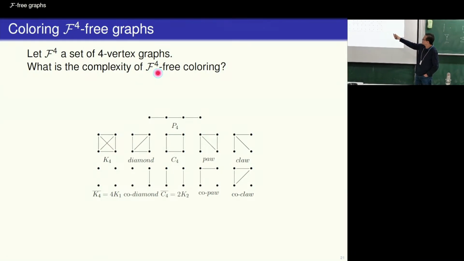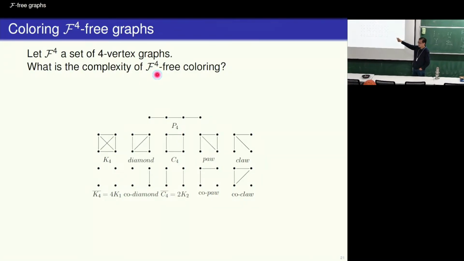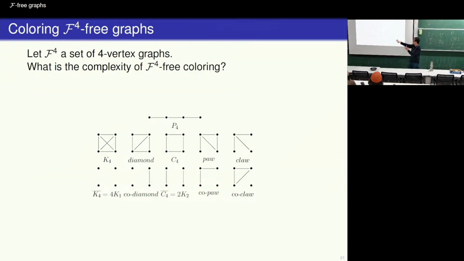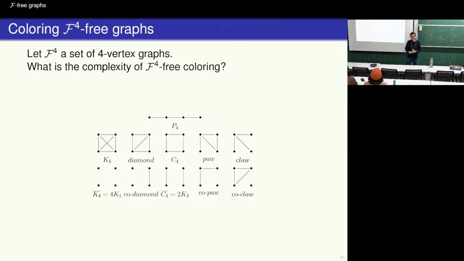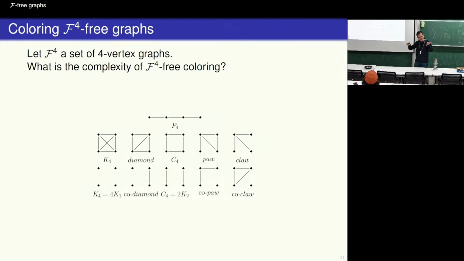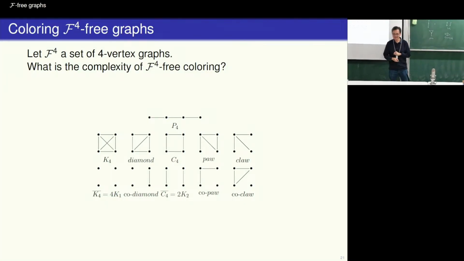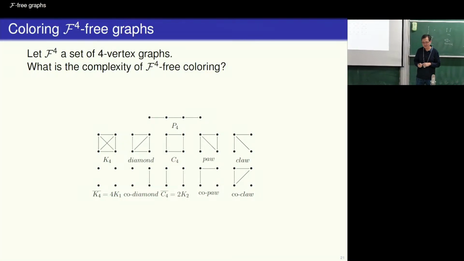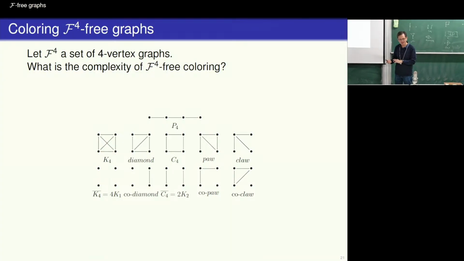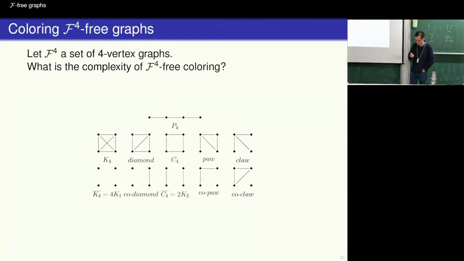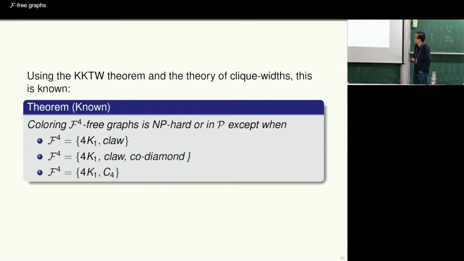I want to know what is the complexity of the coloring problem if I forbid a subset of these graphs. There are 11 graphs, so 2 to the 11, which is like 2000-something problems. 2 to the 10 is 1024, so 2048 problems to solve.